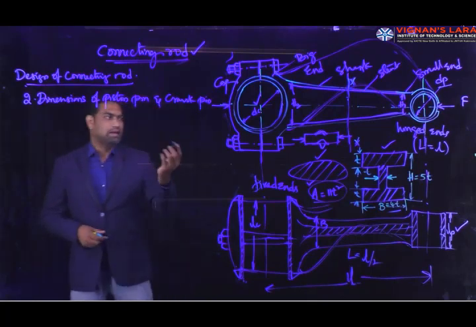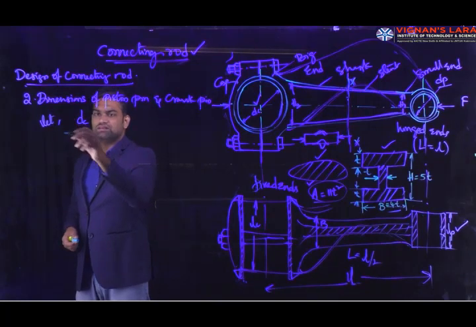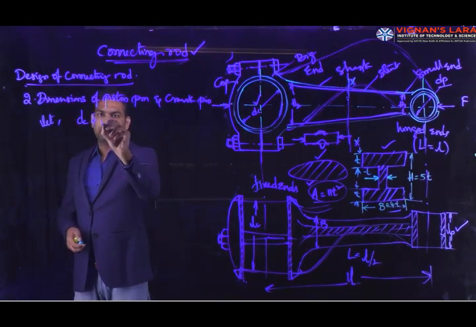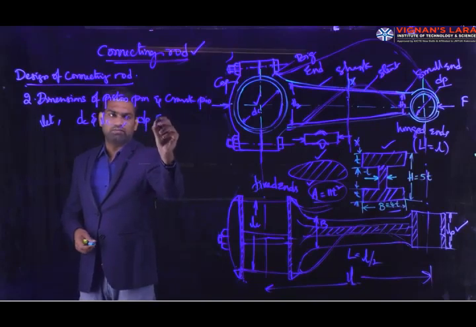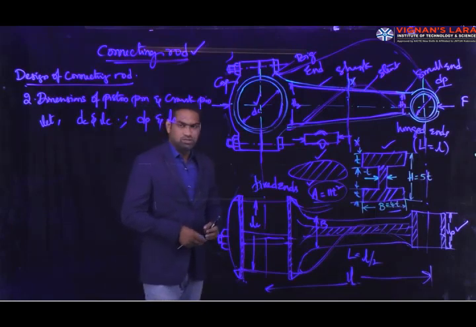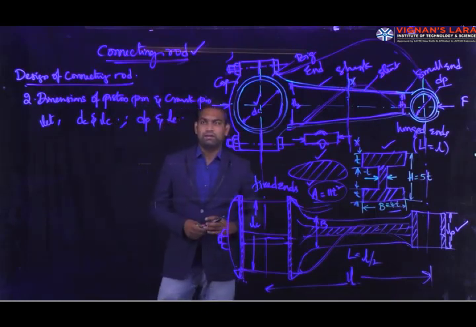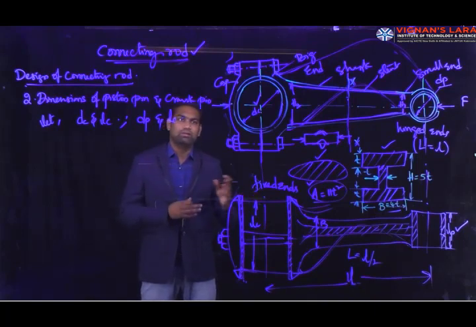Here, for the dimensions of piston pin and crank pin, DC is the diameter of the crank pin and LC is the length of the crank pin, and similarly DP is the diameter of the piston pin and LP is the length of the piston pin. The dimensions of the piston pin as well as the crank pin are determined against the maximum load acting on the connecting rod.